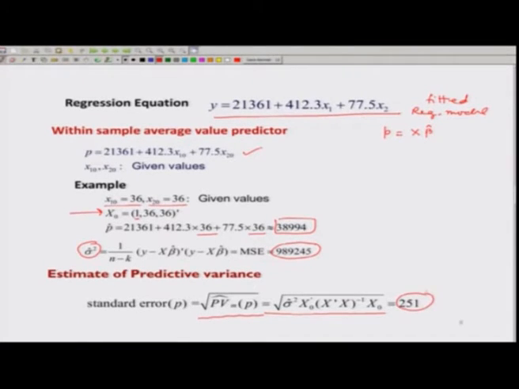So I can say that when the temperature is 36 degrees and the humidity is 36%, the demand of water is going to be nearly 38994 thousand kiloliter with a standard error of 251.